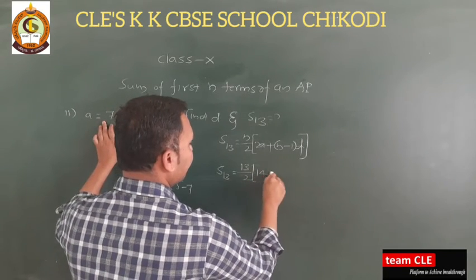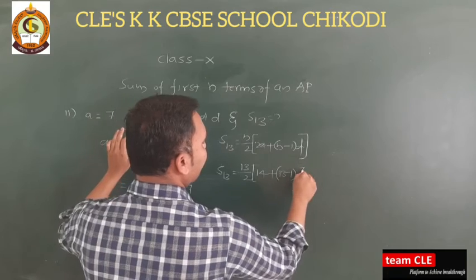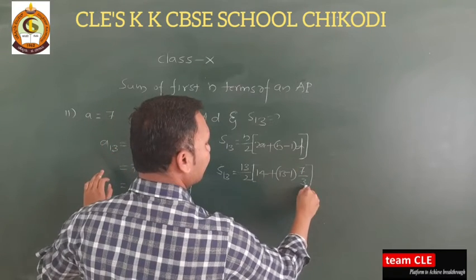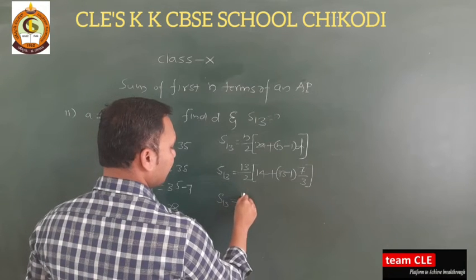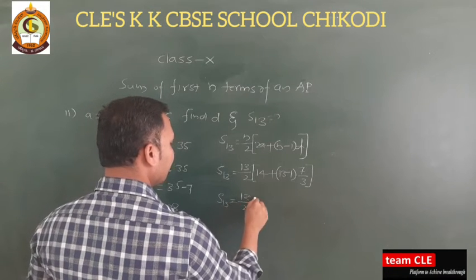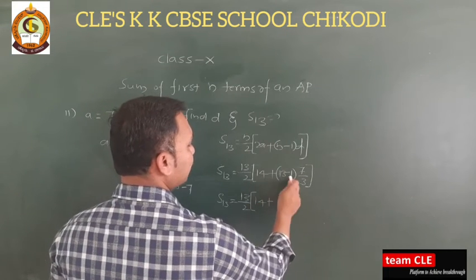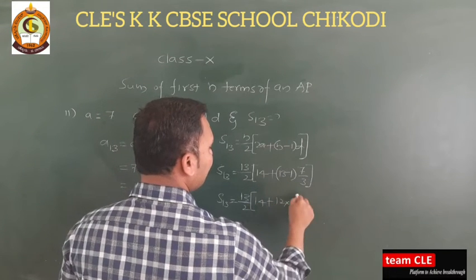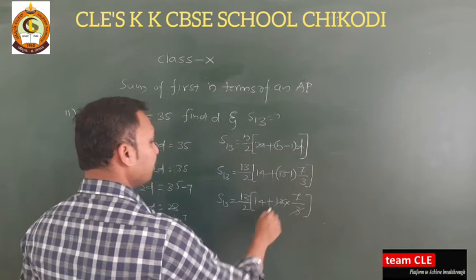So it is 14 plus 13 minus 1, D we have 7 by 3. Next, S of 13 is equal to 13 by 2 into bracket of 14 plus 12 into 7 by 3. 3 1s are 3, 4s we will get.